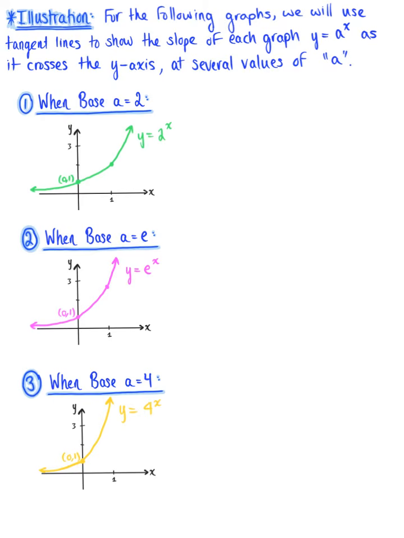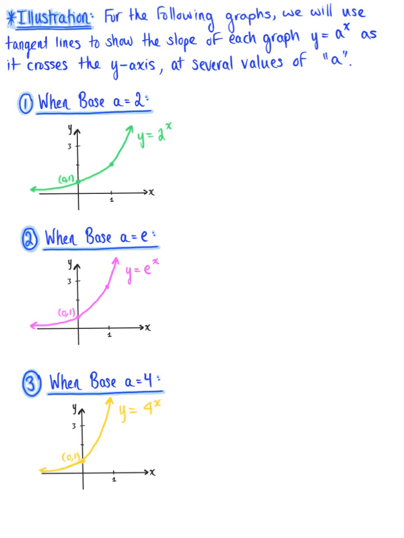And we're going to use several different values of a to demonstrate this. Before we begin, recall that at the beginning of this video, we saw that the graphs of the exponential functions get steeper as their base gets larger. And so we're going to convey this steepness by considering the tangent line for each graph.